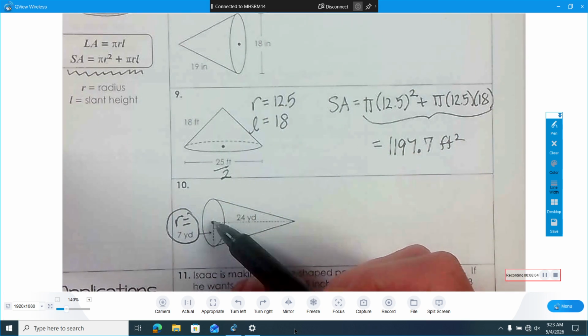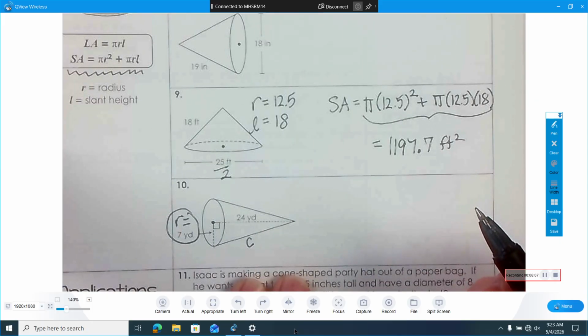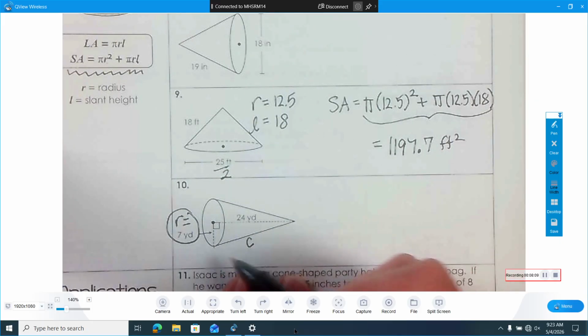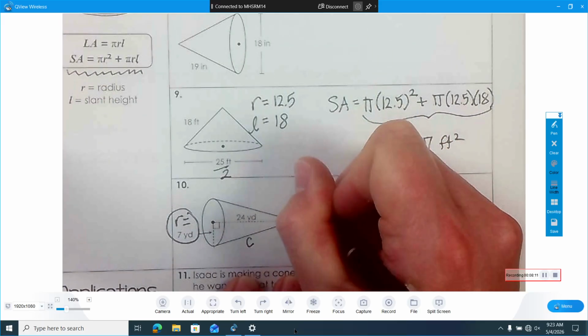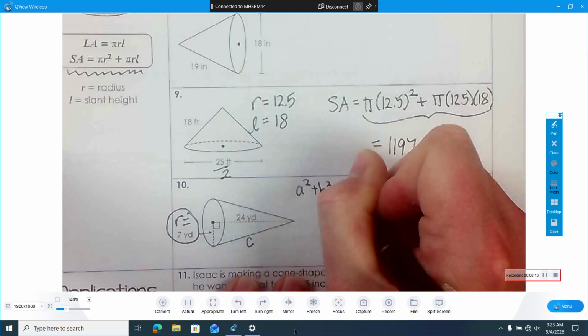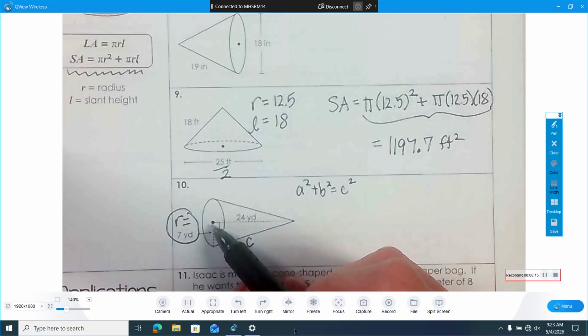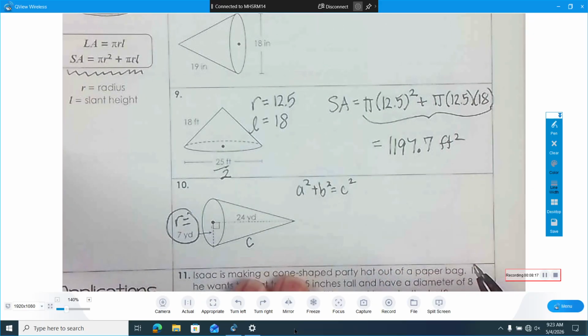Anytime you have a right triangle, we have a special formula, the Pythagorean theorem. You remember that? a squared plus b squared equals c squared, or in my mind, leg squared plus leg squared equals hypotenuse squared. This is reminding you of things that you know already.